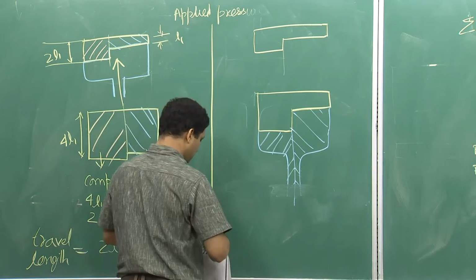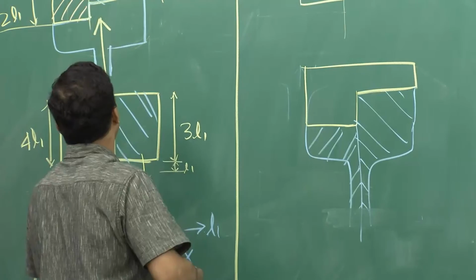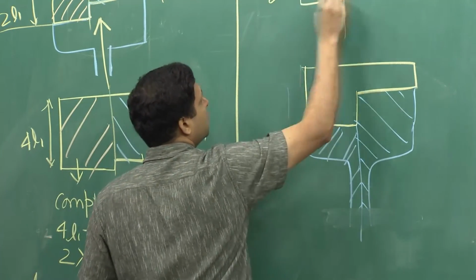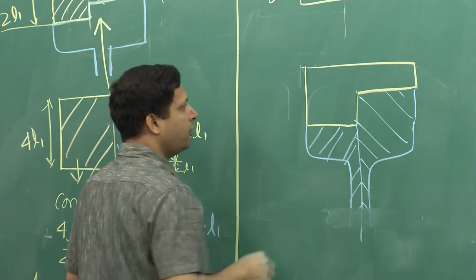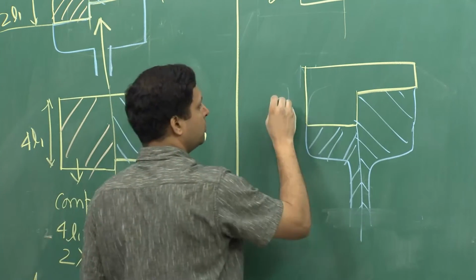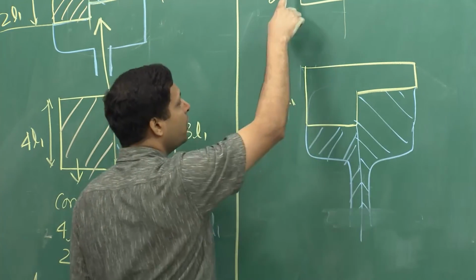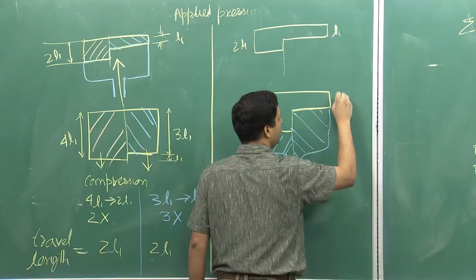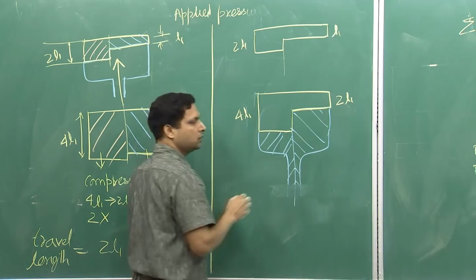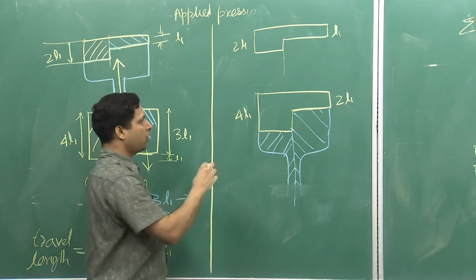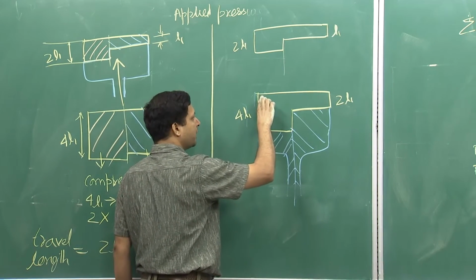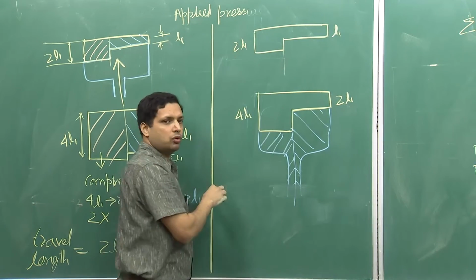Okay. Now, again I will give a distance. So, we already have said this is 2 L1, this is L1, and if we want the same compression ratio, so if it is going from 4 L1 to 2 L1, this should go from 2 L1 to L1, that is the total length that we are talking about. So, to begin with, the powder compact is 4 L1 length and it gets compressed to 2 L1.